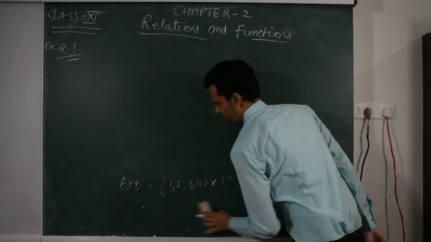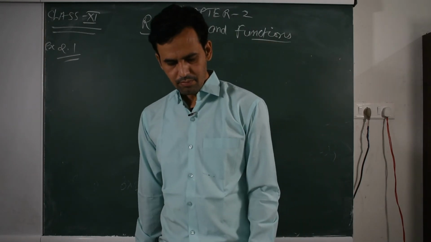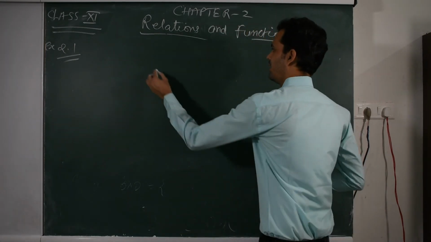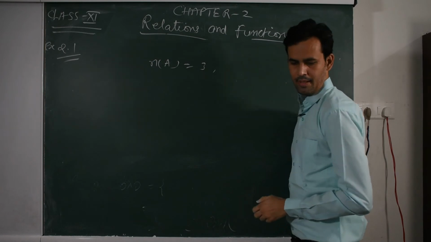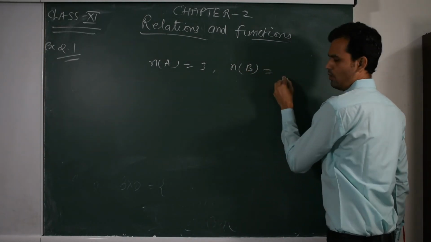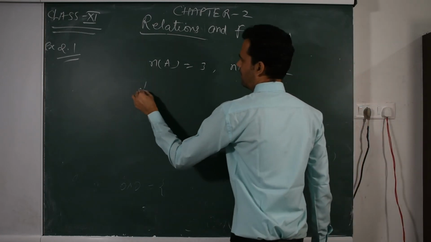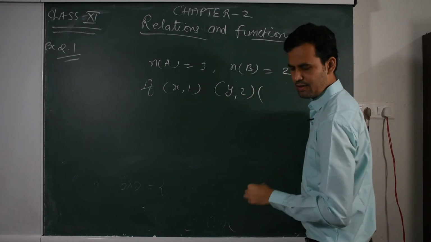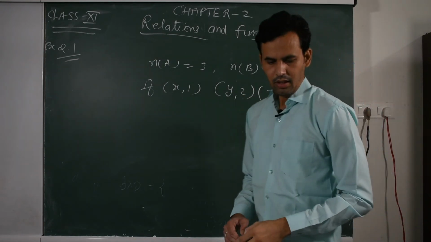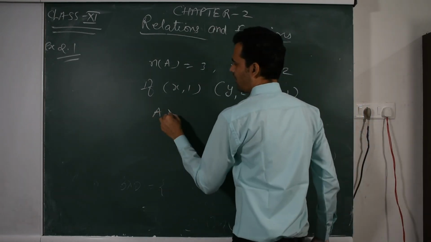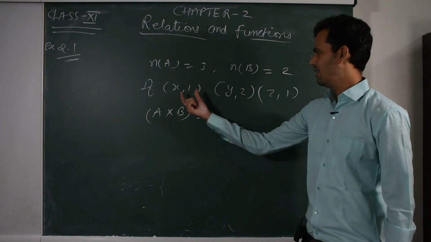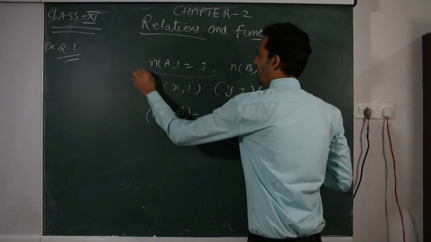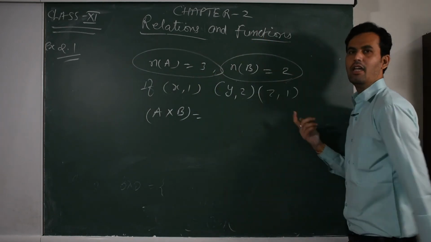Now the next question is, let A and B be two sets such that n(A) equals 3 and n(B) equals 2, and if (x,1), (y,2) and (z,1) are in A cross B, given as the elements of A cross B. n(A) is 3, meaning set A has 3 elements, and set B has 2 elements.